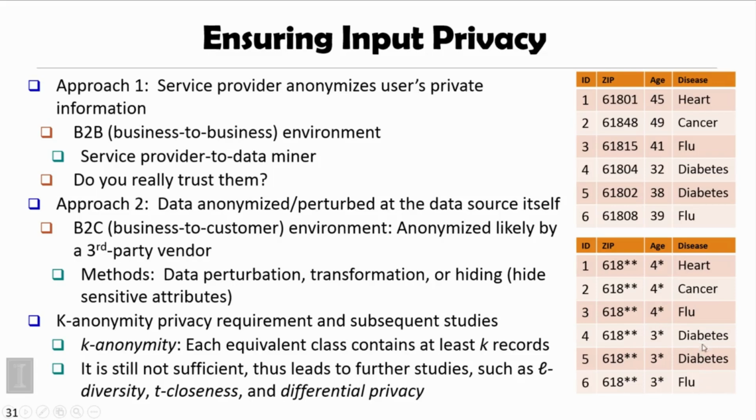You want to ensure this disease, this sensitive attribute, has at least L distinct values. So we call this L-diversity. But even with this L-diversity, what about the majority of people got diabetes? You still feel not comfortable. So there are further studies, for example, T-closeness, differential privacy. There is lots of research ongoing to see how to ensure people have no way to guess what you have.